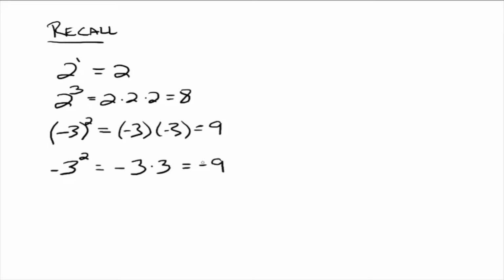The opposite of 9 is -9. So there's a big difference if you have parentheses or if you don't, and this really only matters when your exponent is even, so 2, 4, 6. If your exponent is like that, then it matters what the base is in terms of having parentheses around it or not. So just be careful of that notation.